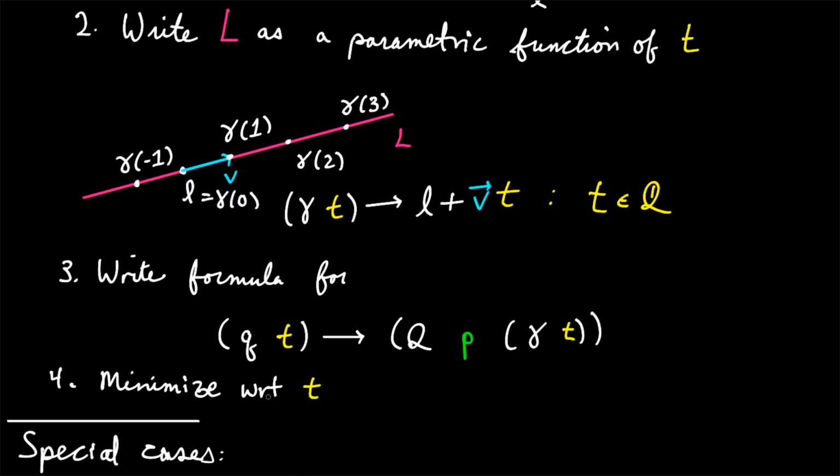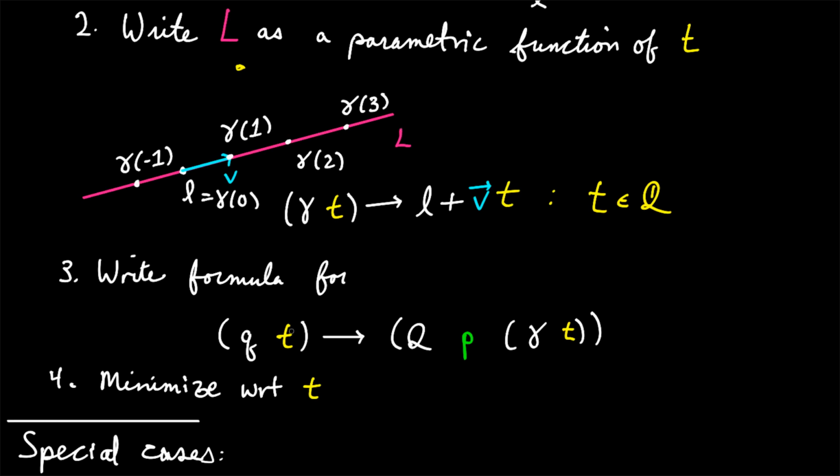Then write a formula for little q of t, which is the quadrance between p and gamma of t. So, p is up here somewhere, and for every point t, this q of t measures the quadrance between p and gamma of t. So wherever gamma of t is, it's a particle along this line.